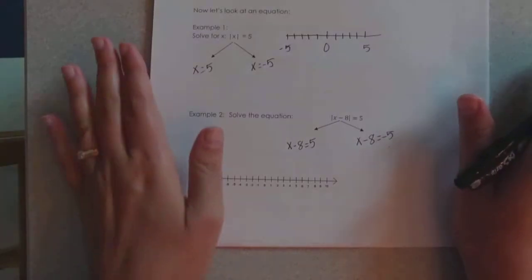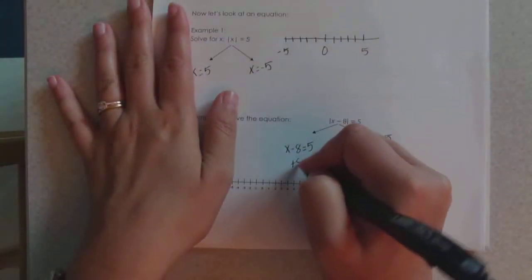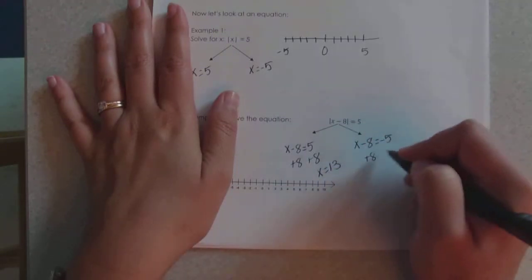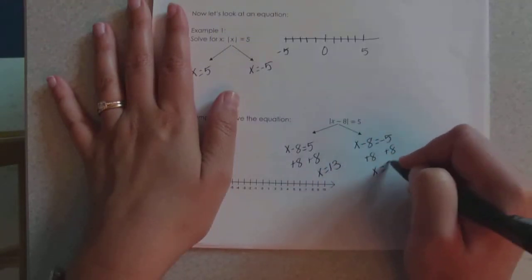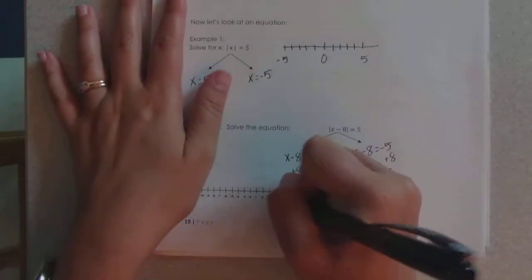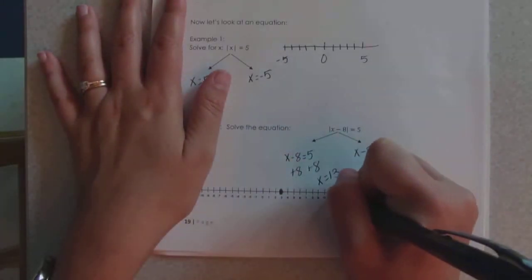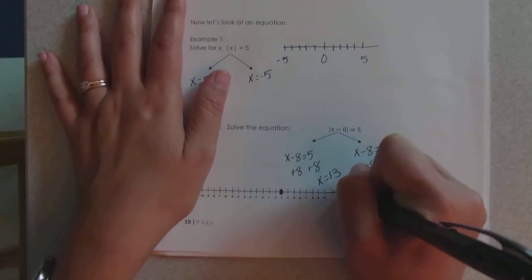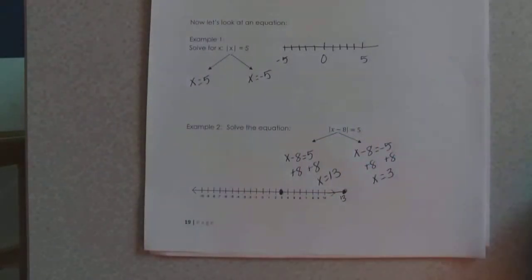Once you do that, your bars are gone, and now you just solve your equations. Right? So either x equals 13 or x equals 3. Now you wouldn't really need to graph these answers, right? Because it's not an inequality. But there you go. 13 and 3 are my two answers.